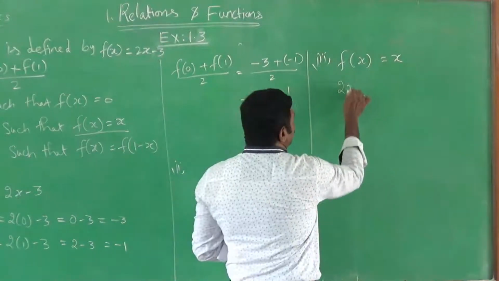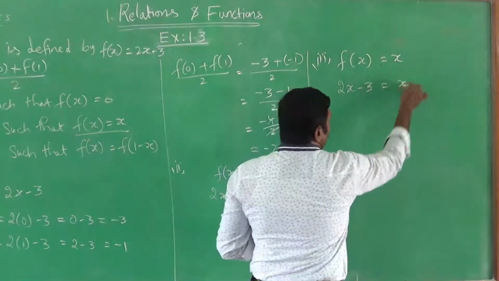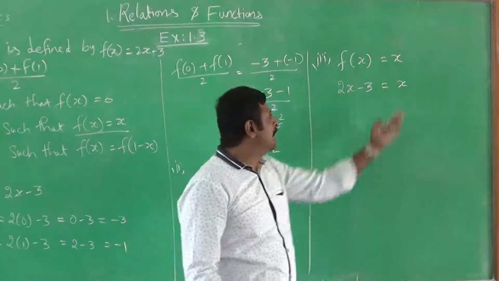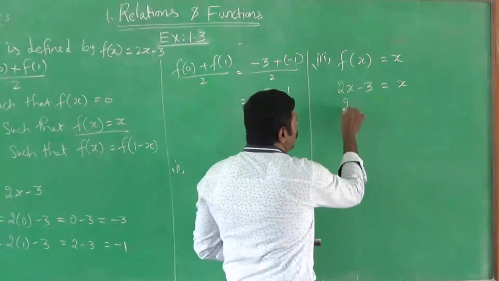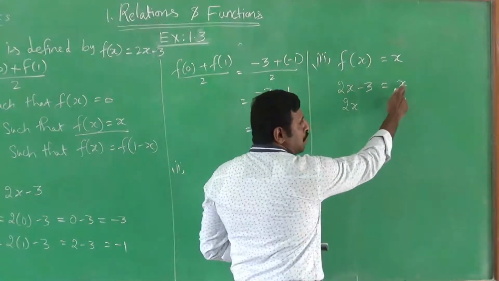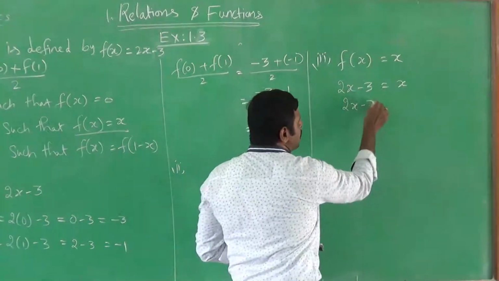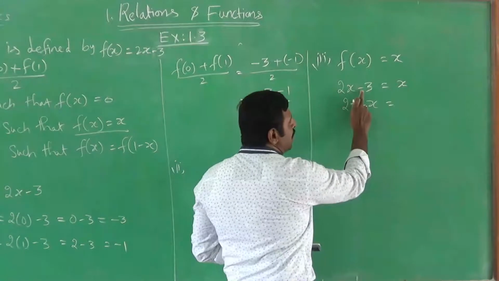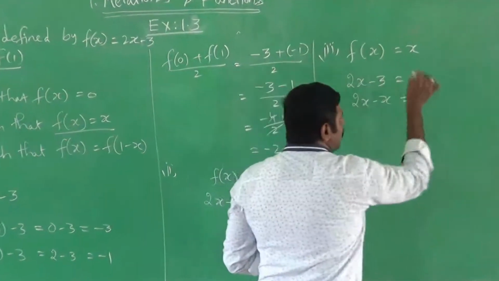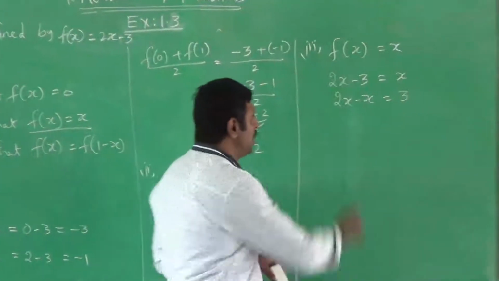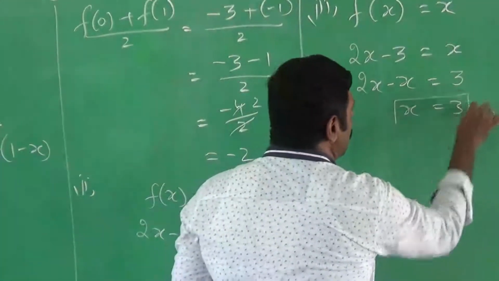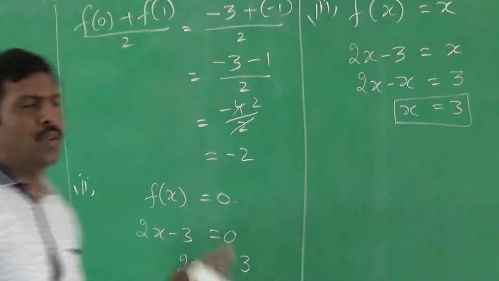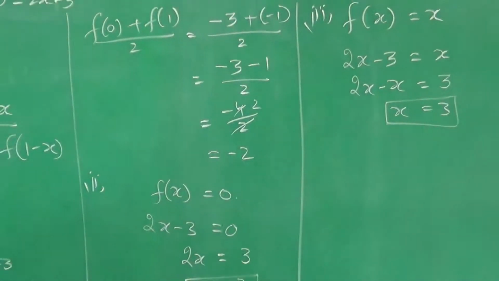So we are applying the value 2x minus 3 is equal to x. Now I take this x to this side and minus 3 to the right hand side. So 2x, if it is plus symbol means you have to change to negative symbol, minus x is equal to, here we have negative symbol, if you take another side means we get plus 3. Then 2x minus 1x is equal to x, then x is equal to 3 is the value, the function of f of x is equal to x, right?